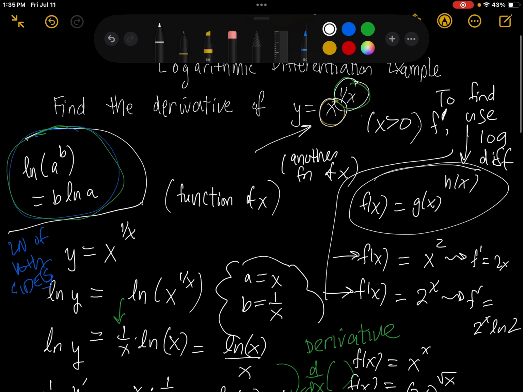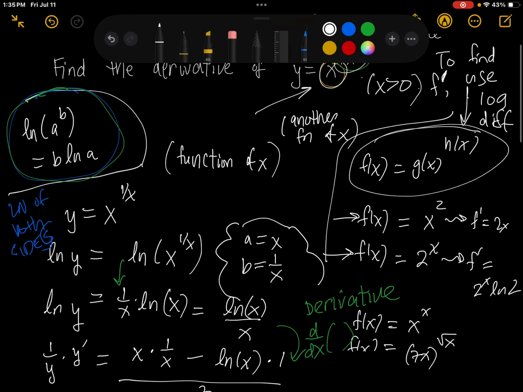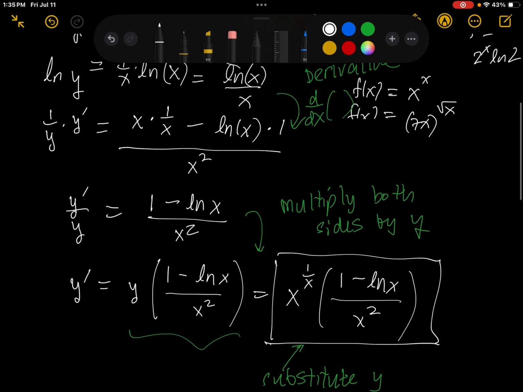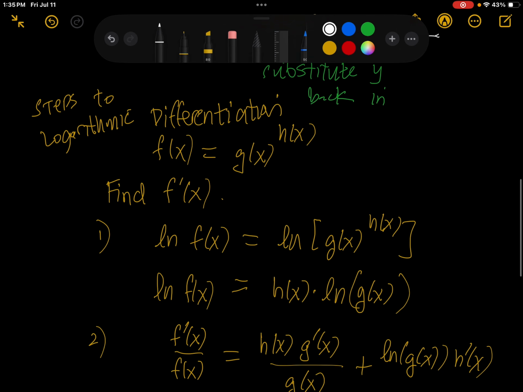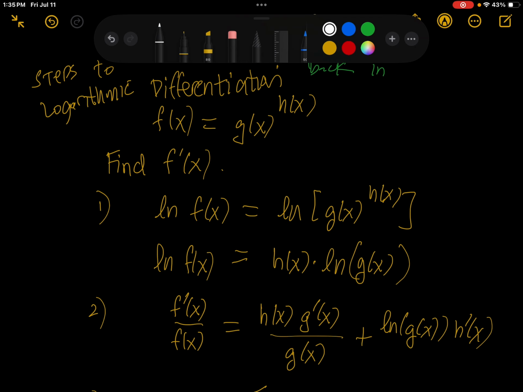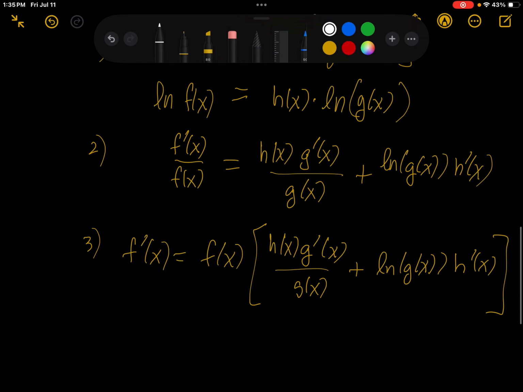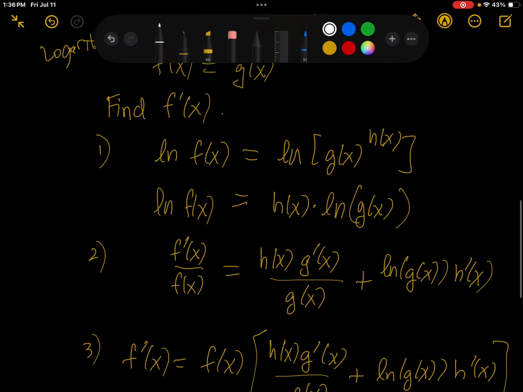Sometimes they don't say that just because it's clear that you're supposed to use logarithmic differentiation. And they also don't want you to worry about these kinds of things. Okay? Perfect. So that's what you do if you want to take the derivative of a function raised to another function of x. Use logarithmic differentiation, you do these steps, and then you're going to get the answer.